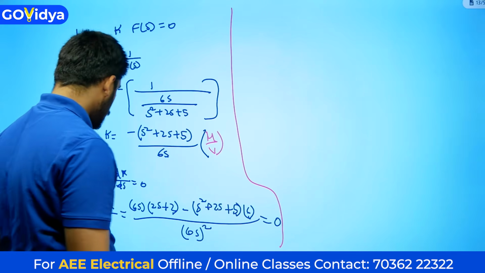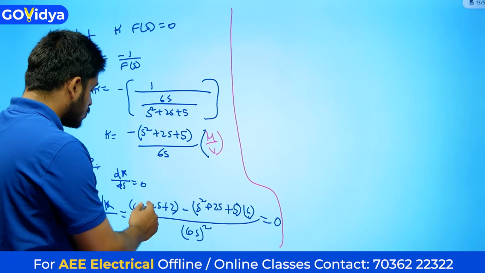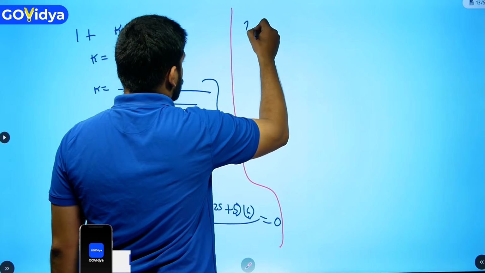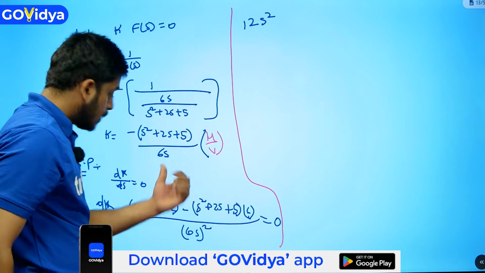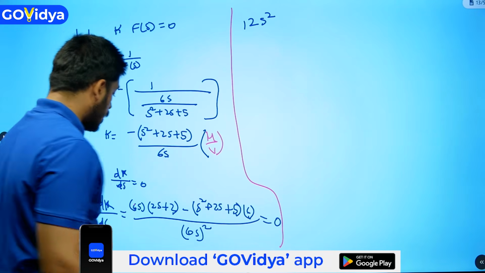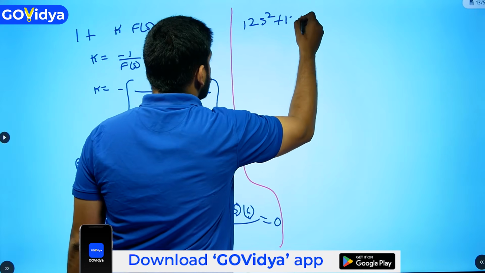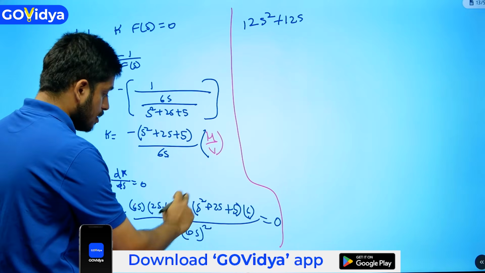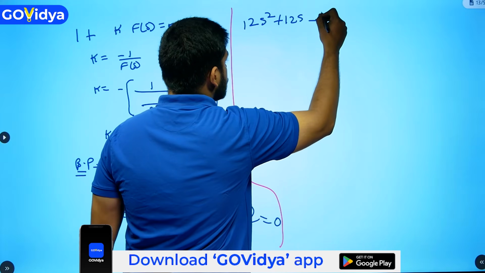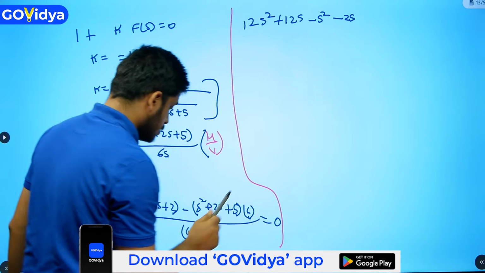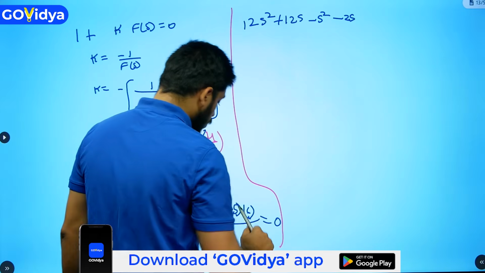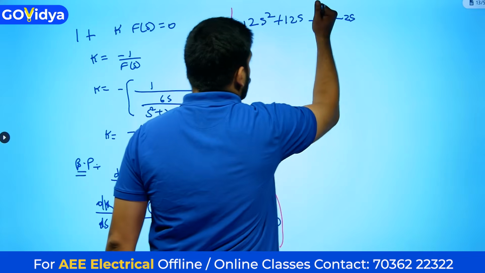Now solving this, we are going to get 6 into 12s square, 6 into 12s plus 12s. Again here minus s square minus 2s, again minus multiplied with 5. Oh, one minute, here there is 6 also.